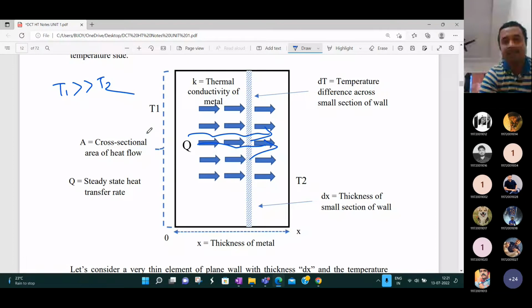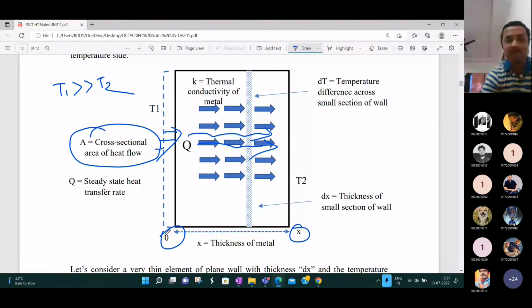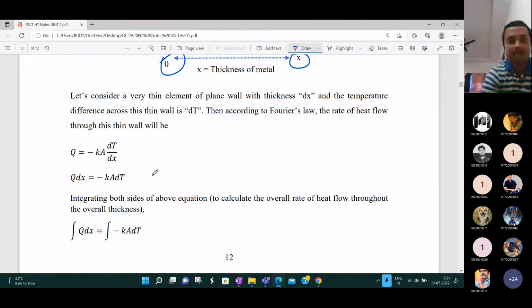Let the area of heat transfer be A because heat will transfer through this area. Let us say the thickness of the metal is 0 to X. Okay. Then what will we apply? We apply the thermal conductivity equation. Q is equal to minus Ka dT by dx. Or you can write Q dx is equal to minus Ka dT.